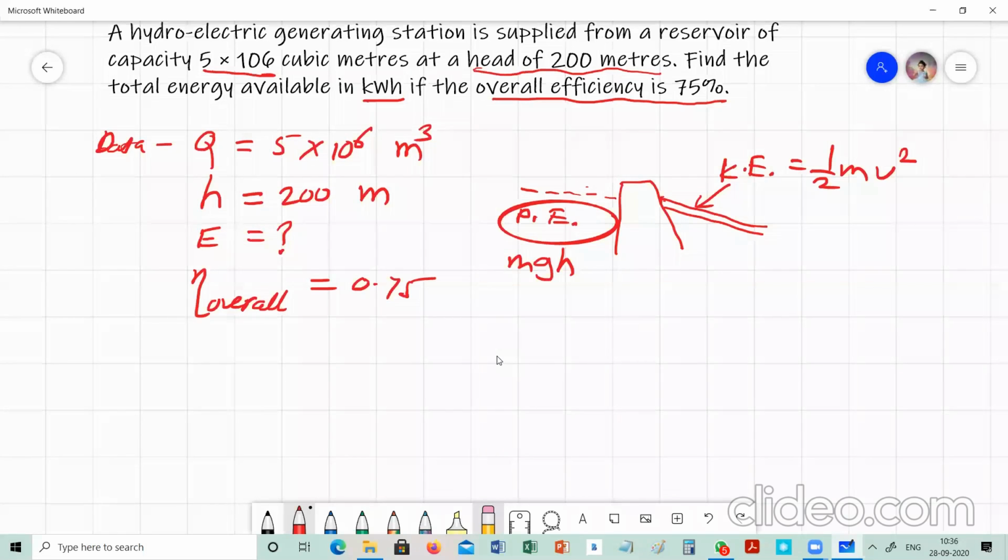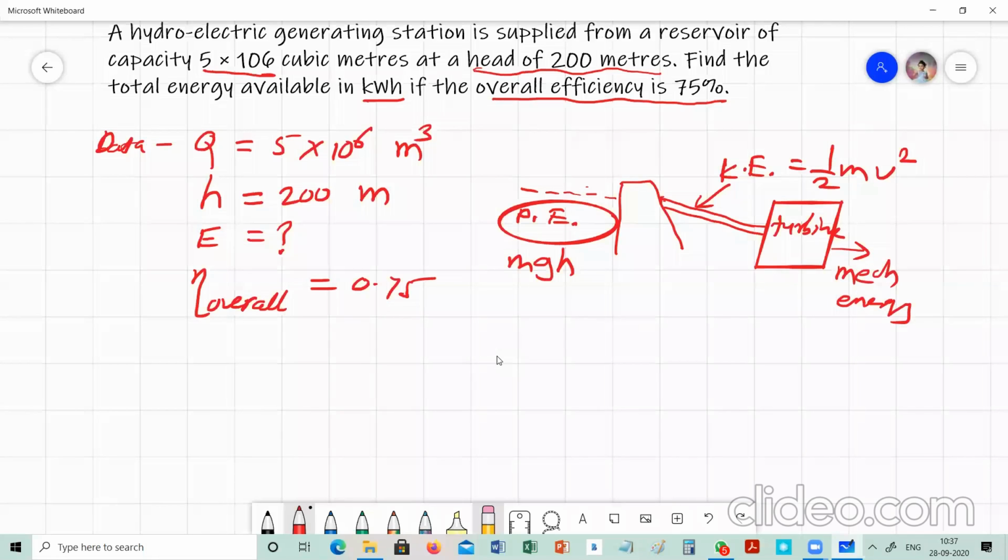After that it is given to a turbine section, the powerhouse. The water turbine converts this kinetic energy to mechanical energy.